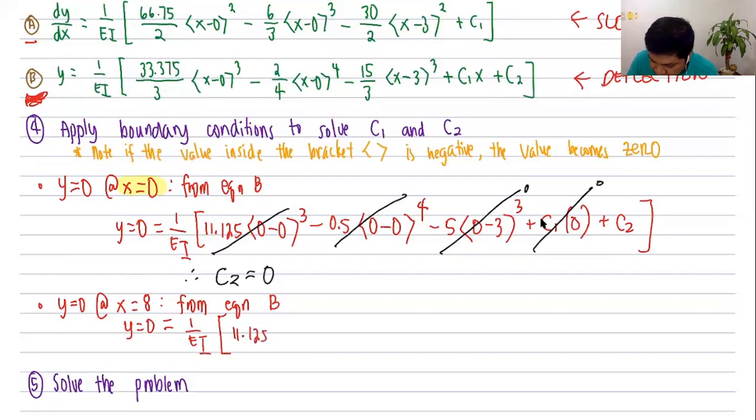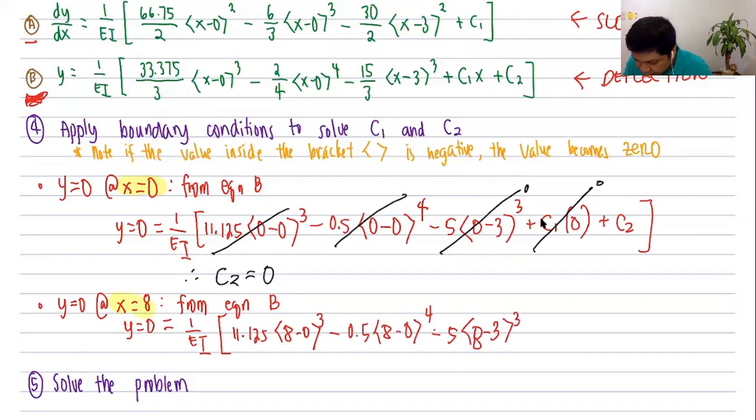So again, my x is actually equal to 8. 11.125 times (8 minus 0) cubed, minus 0.5 times (8 minus 0) raised to 4, minus 5 times (8 minus 3) raised to 3, plus C1 times x, which is 8, plus C2, which we already know is equal to 0, as we have solved over here.